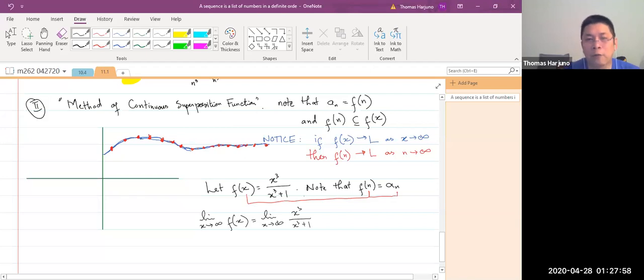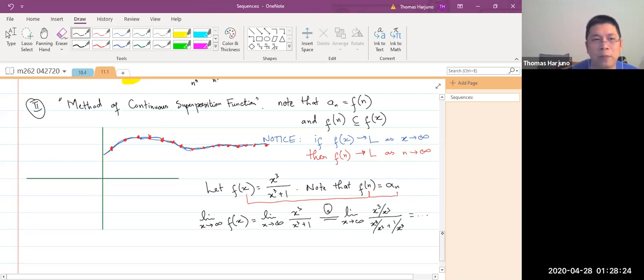From here you can divide by x cubed, which is basically the way we did it in the first method.